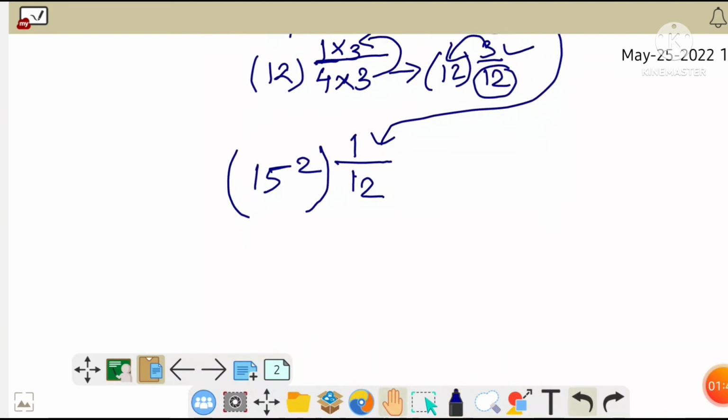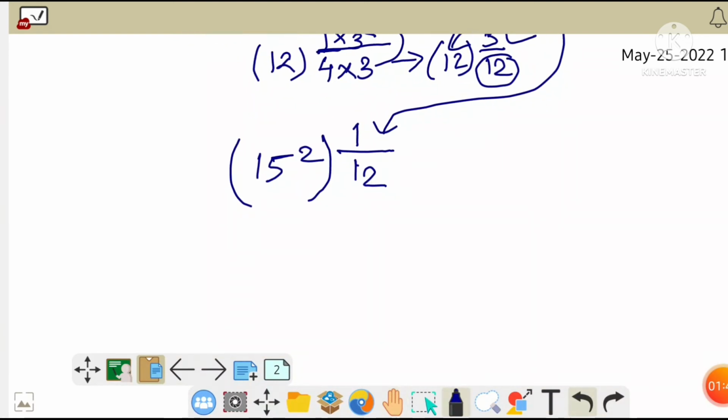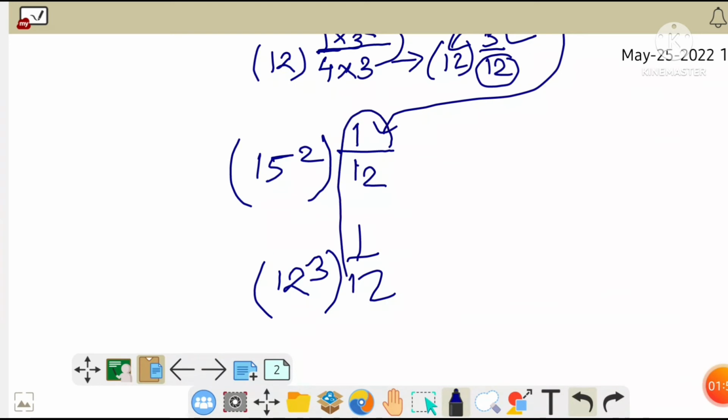And next we have 12 to the power 3, or 12 cube, since 3 will go inside, 12 cube whole to the power 1 by 12. Now we have made the powers equal, and now only we can compare these two values.